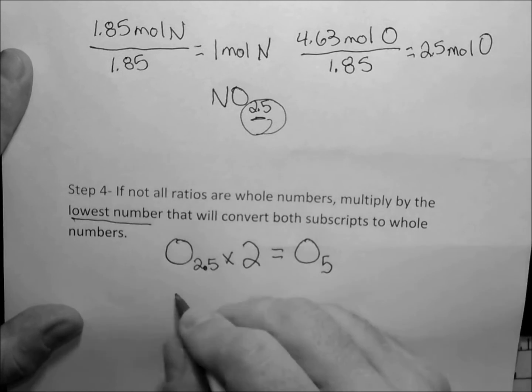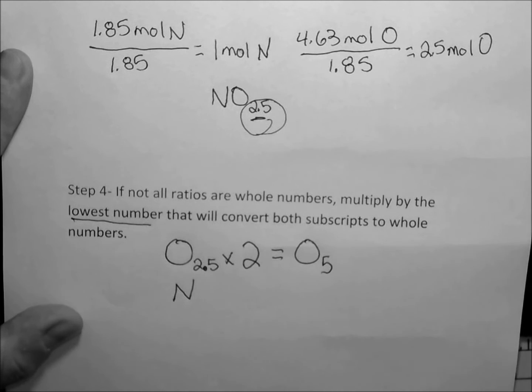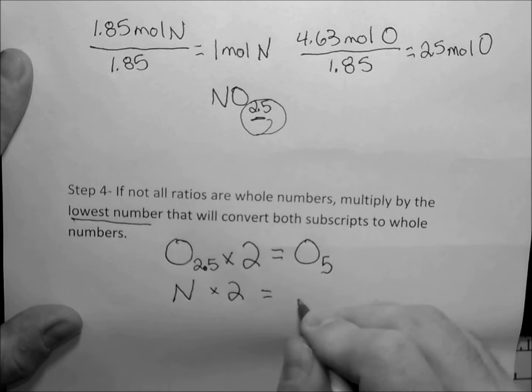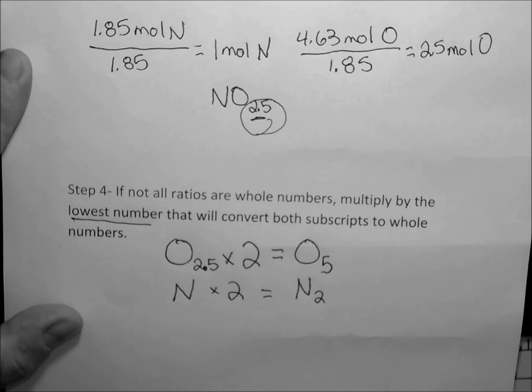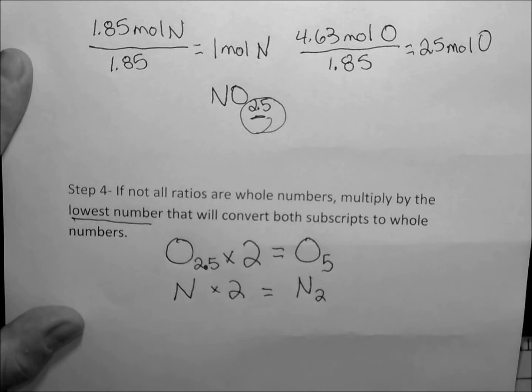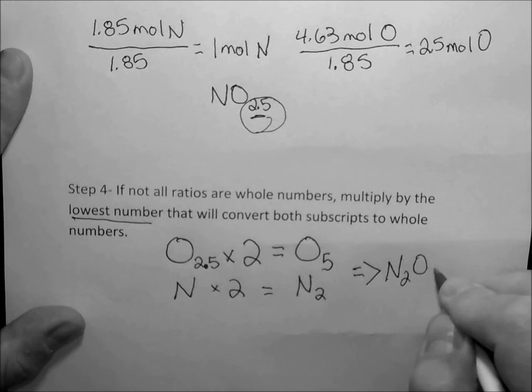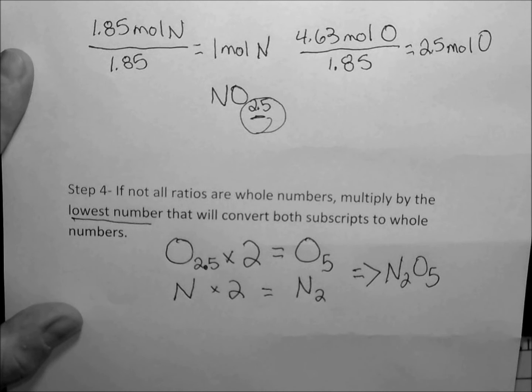What you do to one element, just like in math, you do to the other. You have 1 N times 2, you get N2. And so your final empirical formula, N2O5, looks very good.